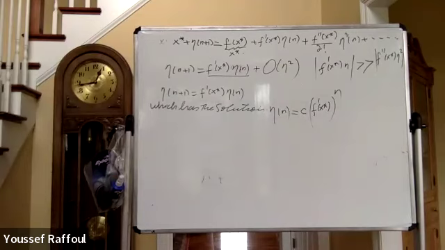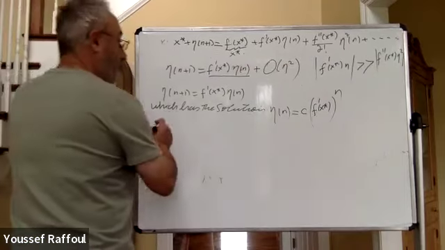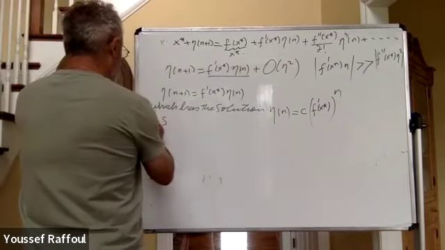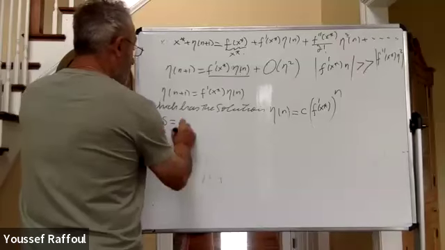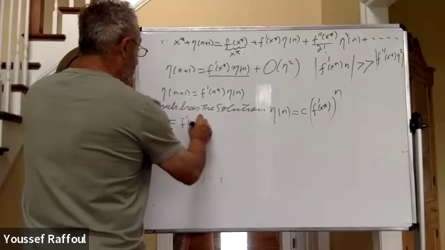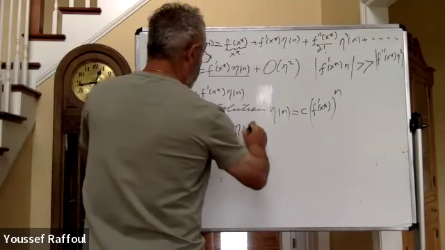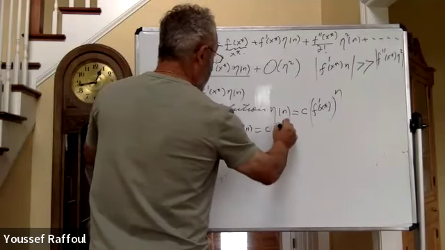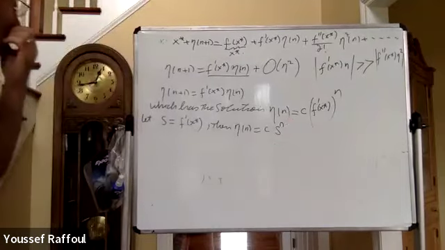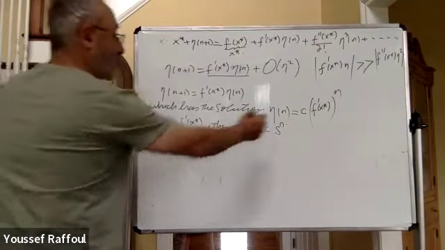Okay? So if we let s equal f prime of x star, then eta of n is c times s to power n. And we will see, c is some constant.